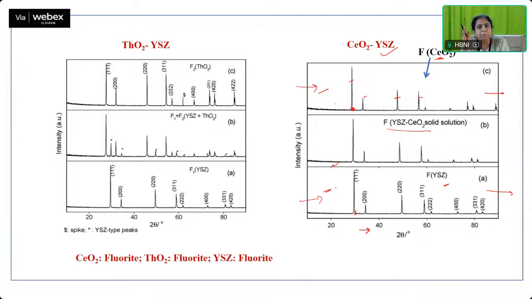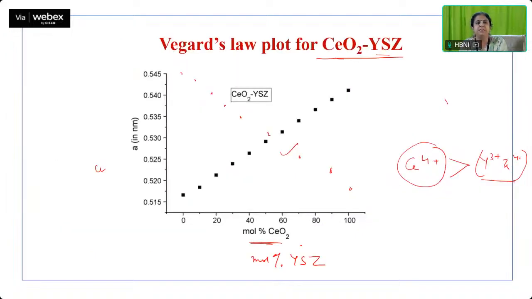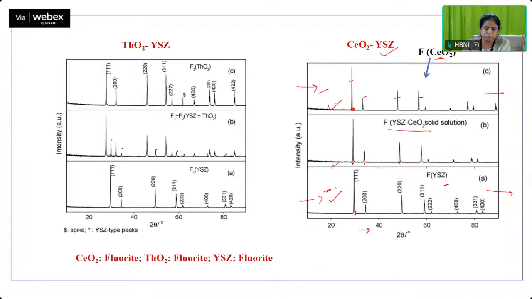That means complete miscibility has been obtained in ceria and YSZ in this particular nominal composition, when I mixed 50-50 mole percent of these two. And also, if I am able to zoom in for you, you will be able to see that these positions are actually between the ones for ceria and YSZ, and that is the reason you observe this linearity in Vegard's law.